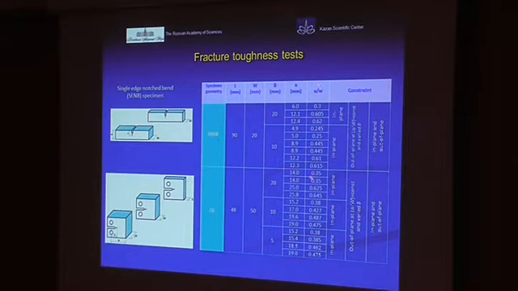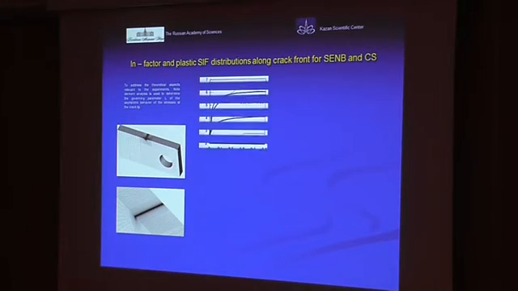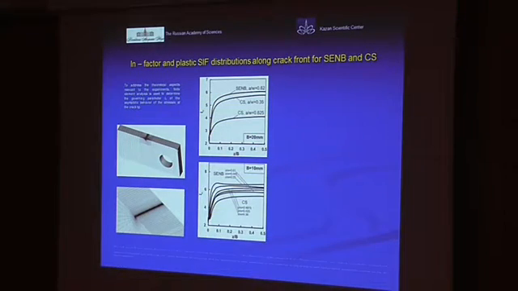This combination of dimensionless crack length and specimen thickness gives different combinations of in-plane and out-of-plane constraint interaction.